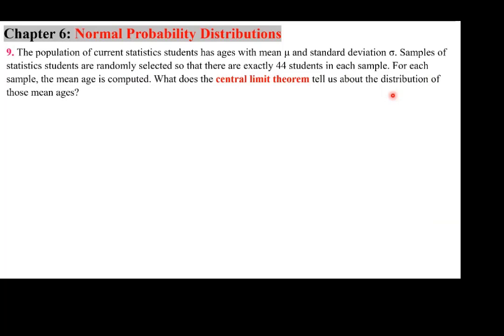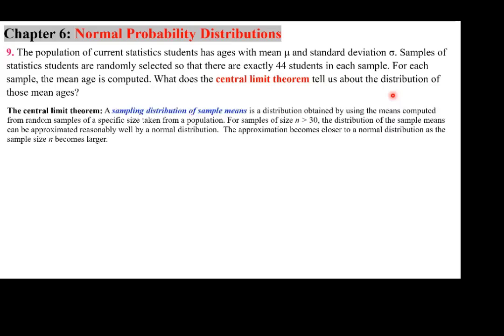We were looking at this concept of the central limit theorem in the previous question. A sampling distribution of sample means is a distribution obtained by using the means computed from random samples of a specific size taken from a population.